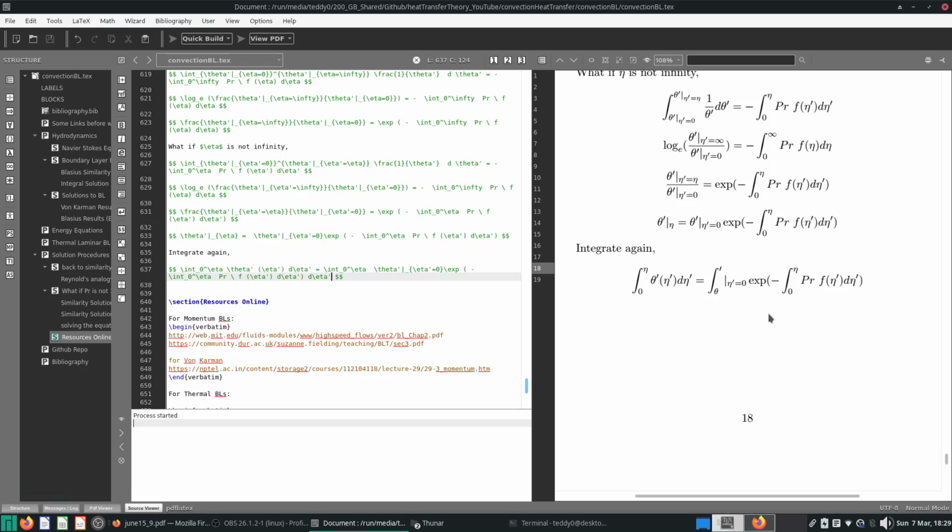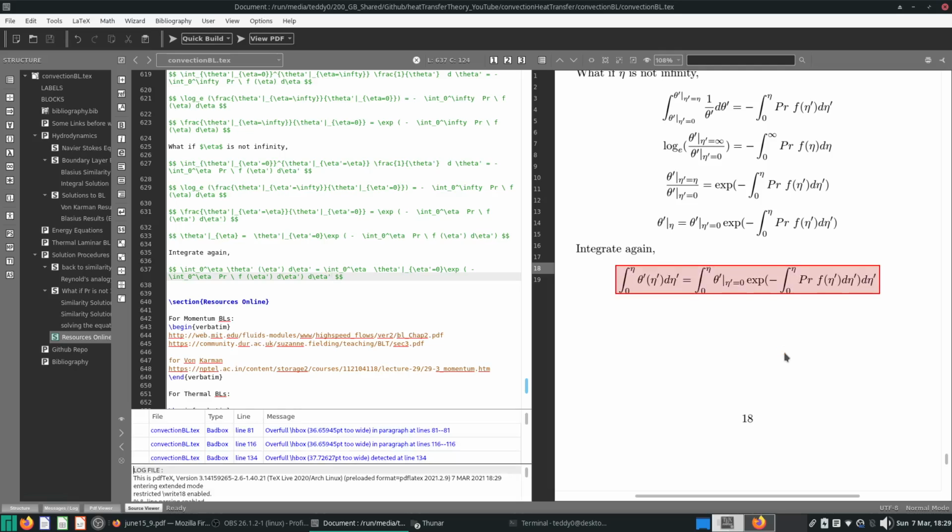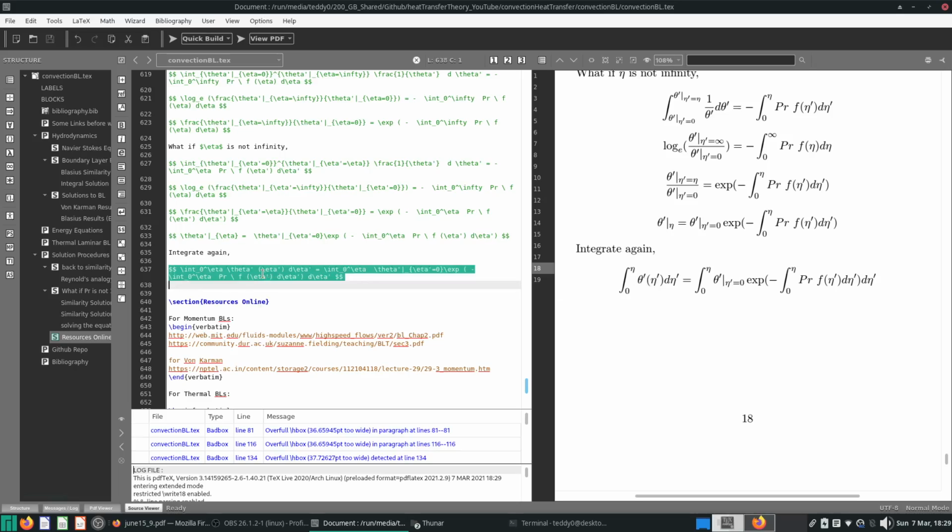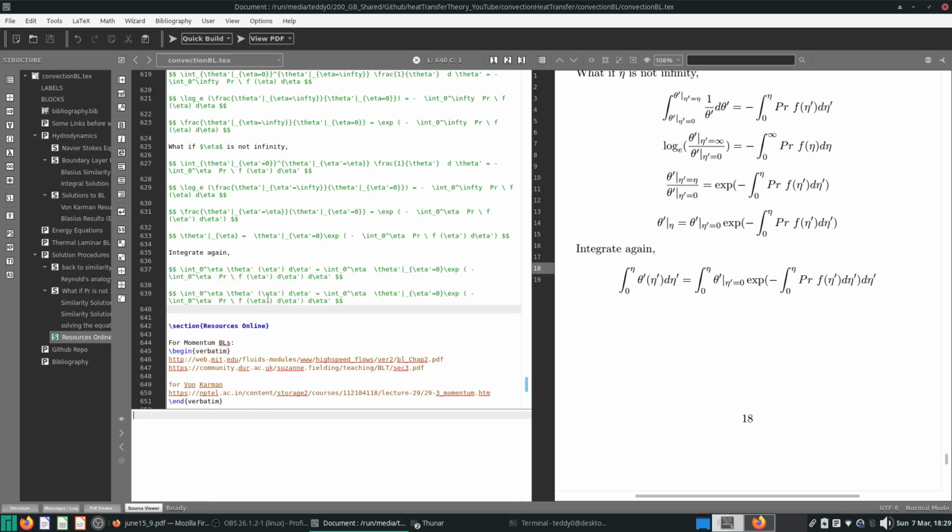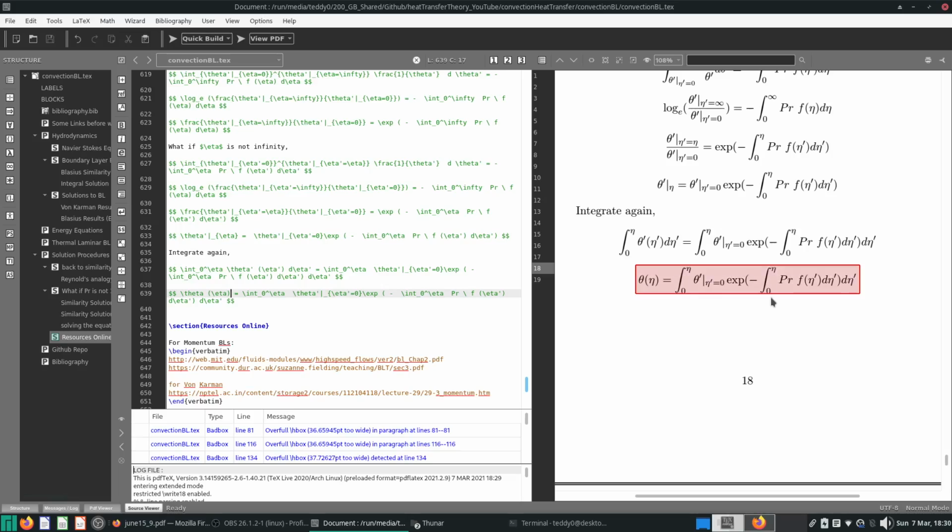And this will then be our very nasty looking solution, where the left hand side just reduces to theta at eta. Theta evaluated at eta. The rest of it is kind of left alone.